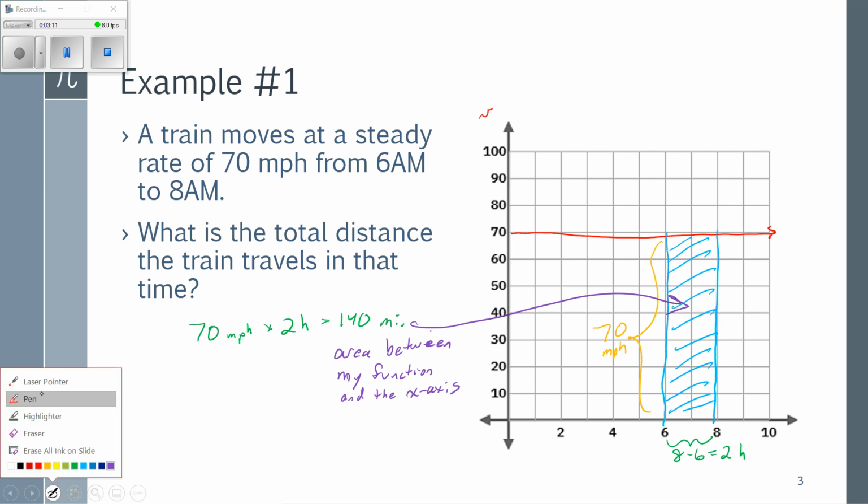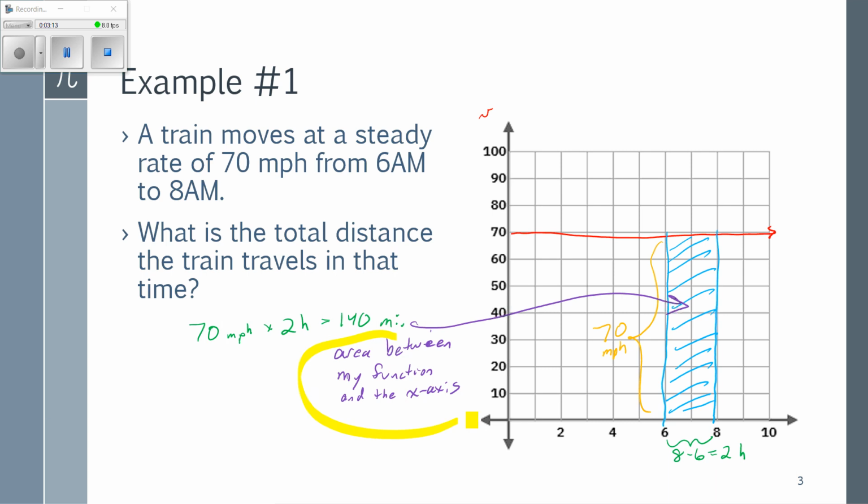And this is an important thing for us here. This is big for us. We're going to be spending a lot of time on this, while talking about integral calculus into third quarter, where we're finding these areas between a function and the x-axis.